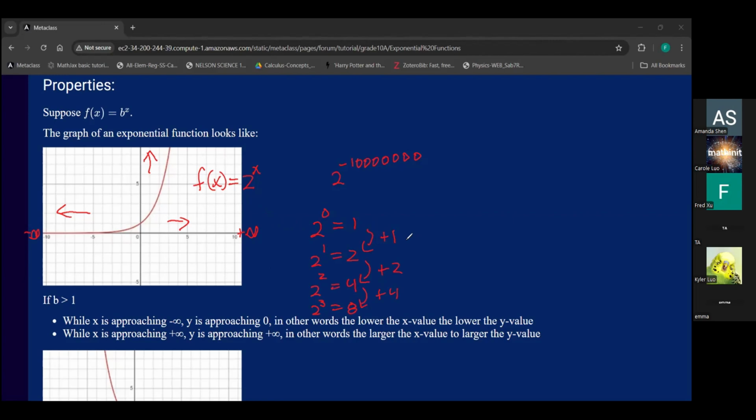So the amount this value increases, which is the y coordinate, increases over time. That is why when x is approaching infinity, on the right side of the graph, y is also approaching infinity.